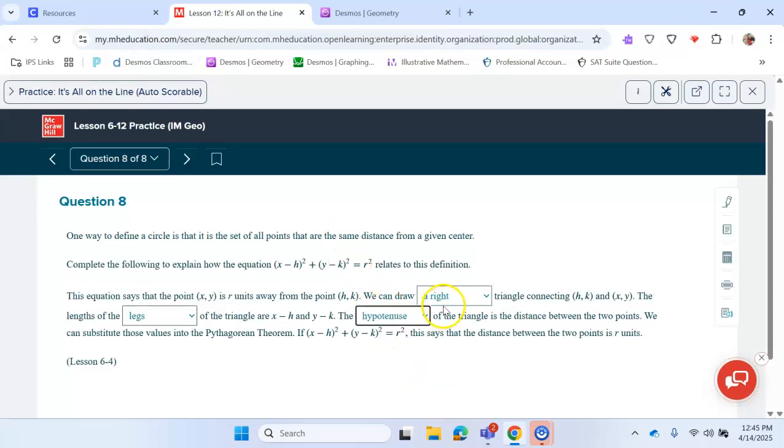The hypotenuse of the triangle is the distance between the two points. We can substitute those values into the Pythagorean theorem. If (x minus h) squared plus (y minus k) squared equals r squared, this says that the distance between these two points is r units.